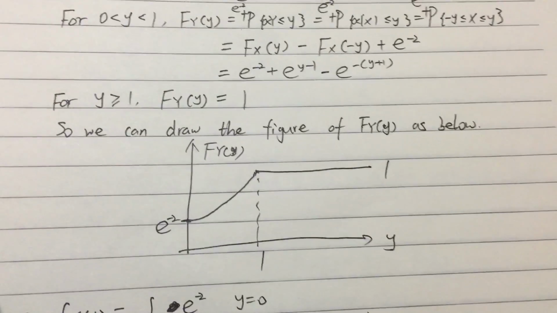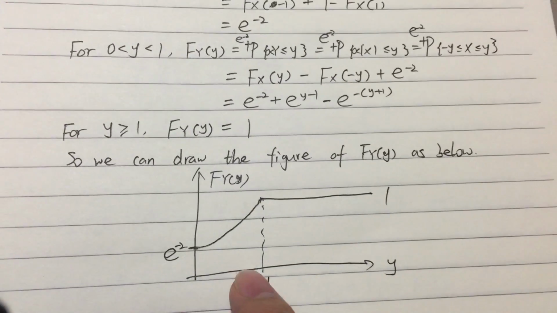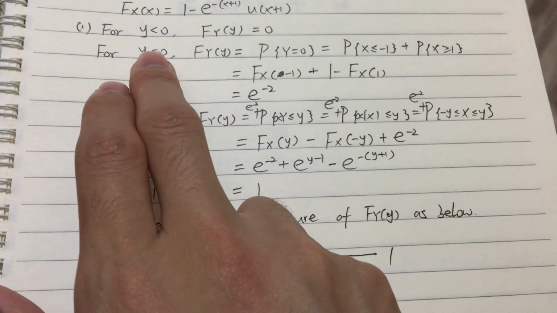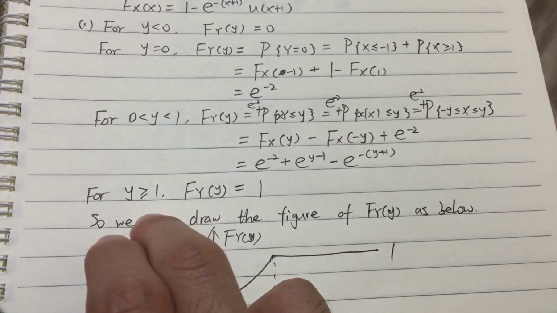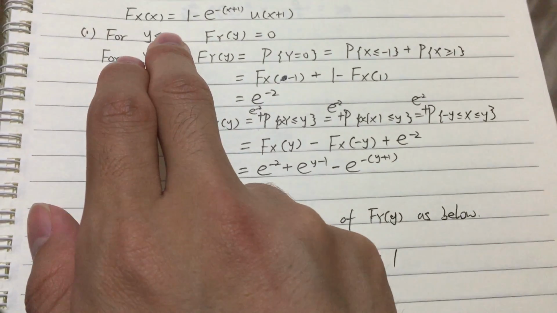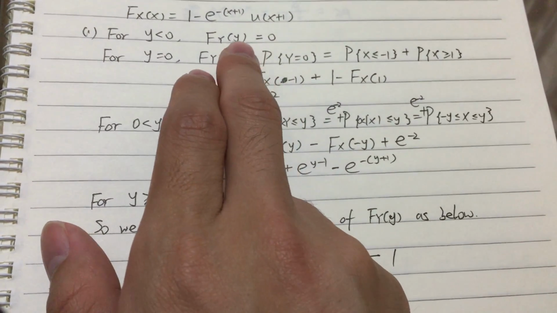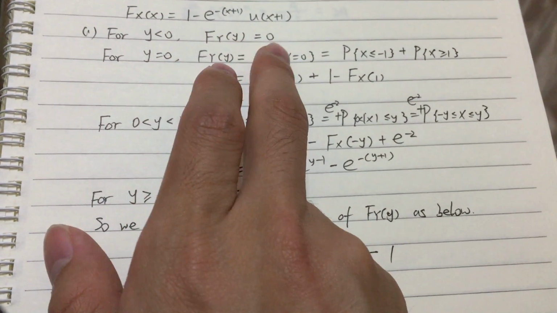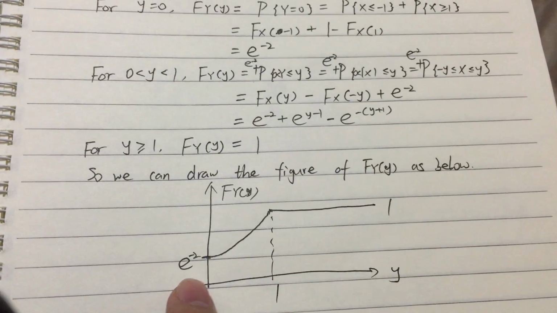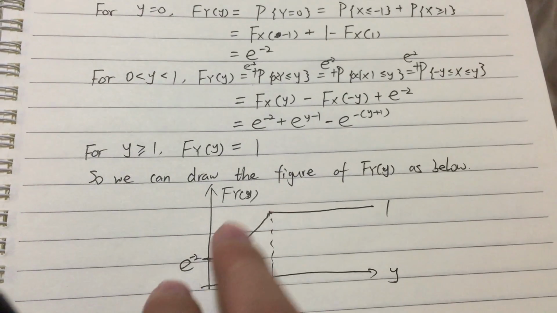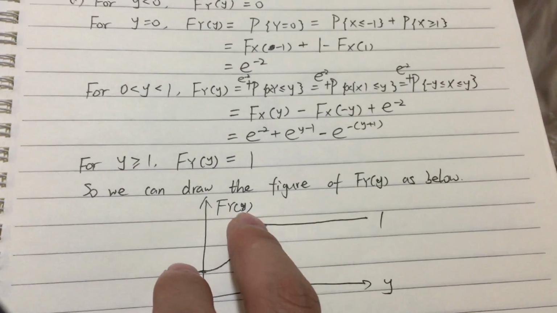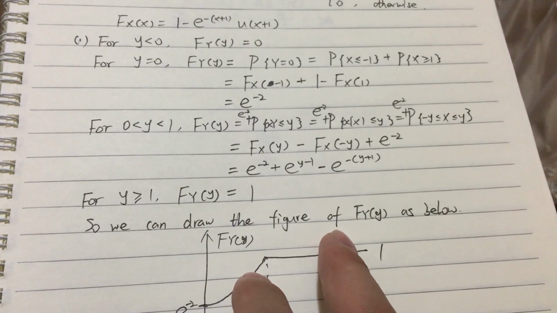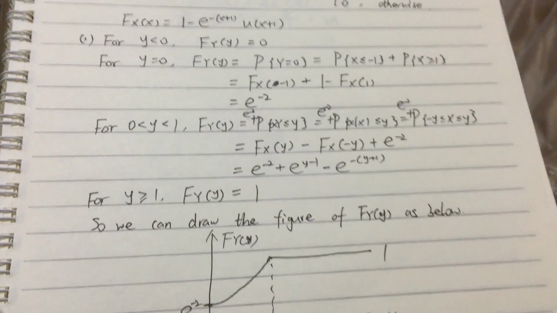So we can draw the figure of big Fy as below from these parts. When it's smaller than 0, it's 0. So we can draw this like this: 1, 2, 3 parts.